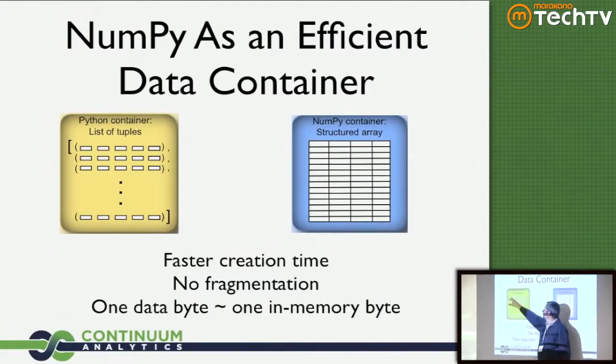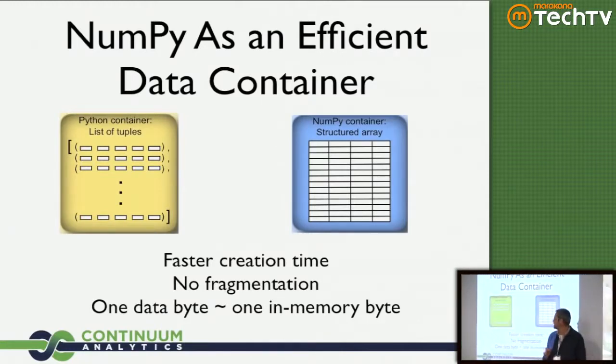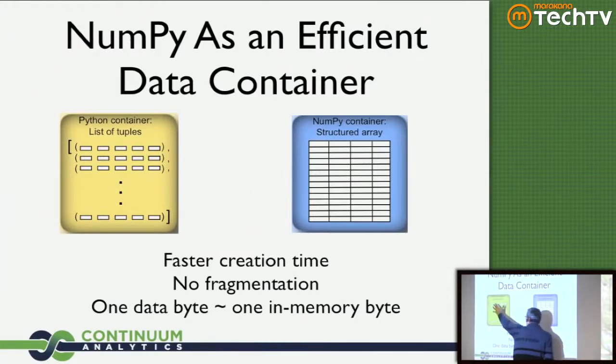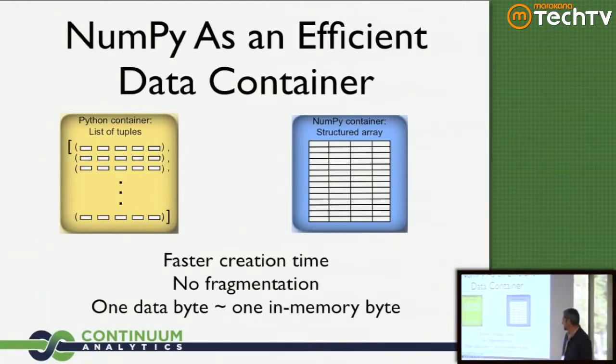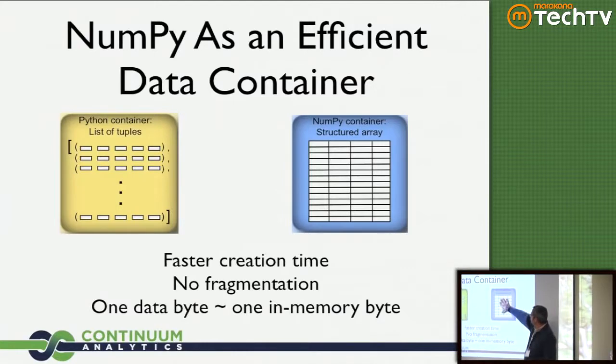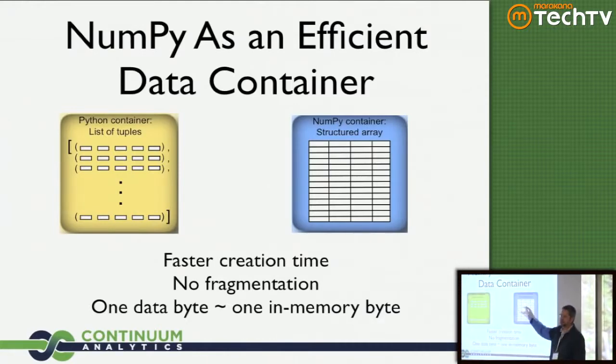Every element here is a cell of the table. So in order to build all this structure, you need to build an object for every cell, and that results in a lot of overhead. The NumPy way is to create a structured array, and there you can put the results of your selections straight in memory.